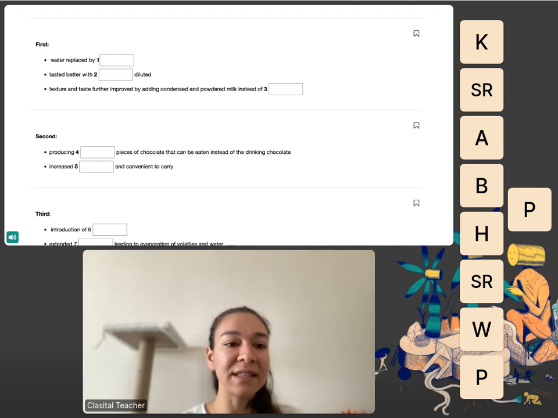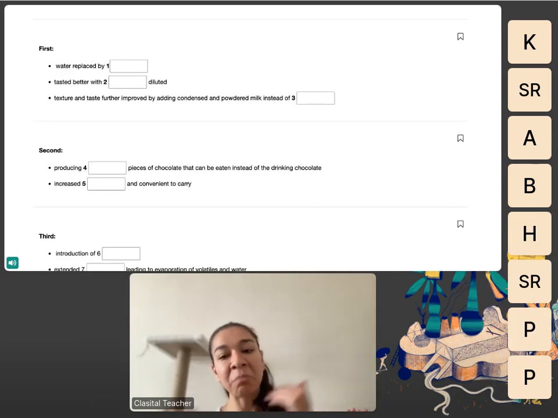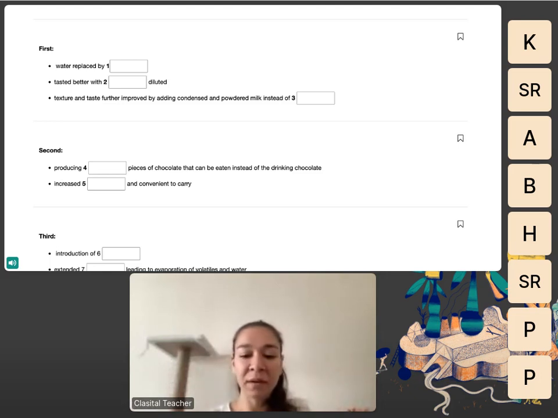And in the 3, it says texture and taste further improved by adding condensed and powdered milk instead of maybe water. So 3 will be a noun again. Second, producing something pieces of chocolate. Let's say little piece of chocolate, better piece of chocolate.